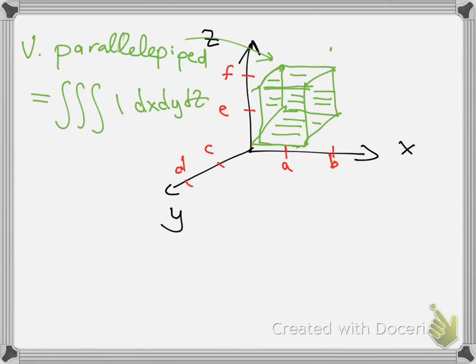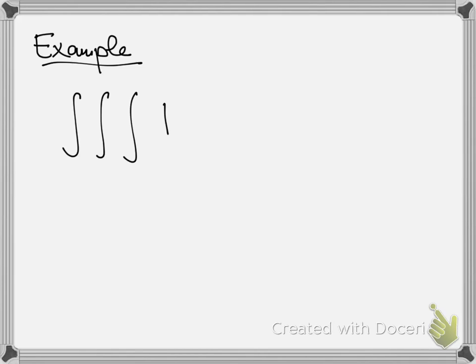So for example, let's do an example here. Let's say you have the triple integral of 1 dx dy dz, with x between 0 and 1, y between 0 and 2, and z between 0 and 3.